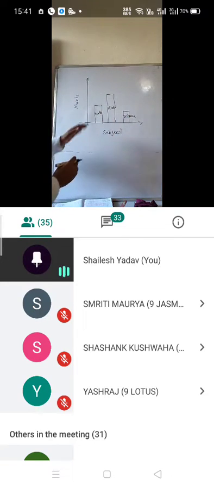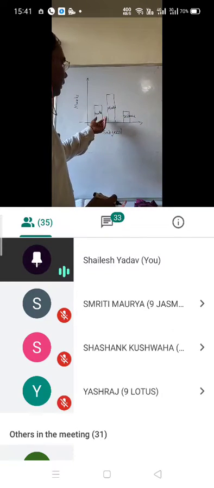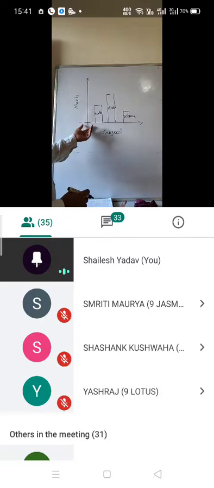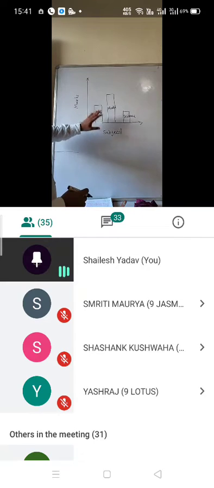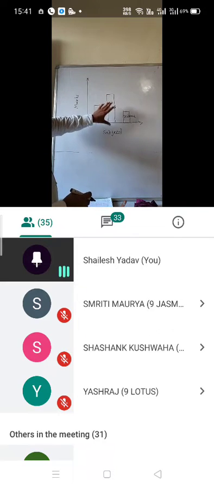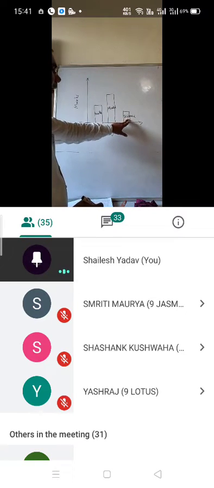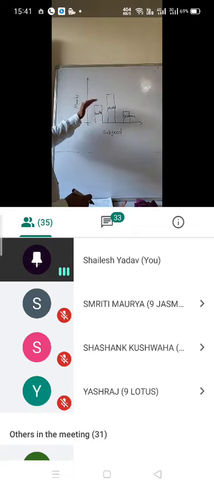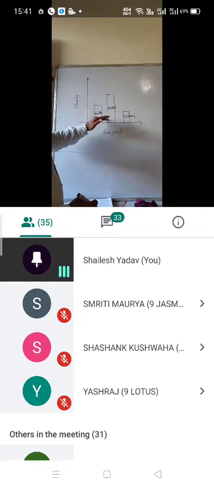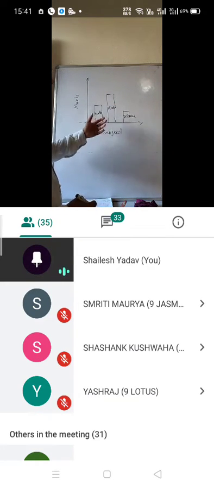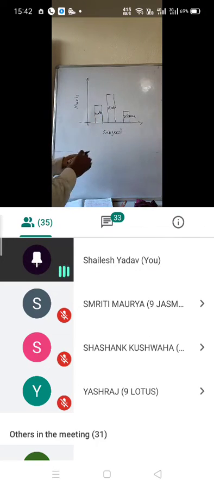If I take the marks of a student and make a bar graph according to their marks, and I get this, then this graph shows that the student got the highest marks in Hindi. In second place he got marks in maths, and science was third. So the height of the graph decides which value is greater and which is smaller. All of you have represented this.